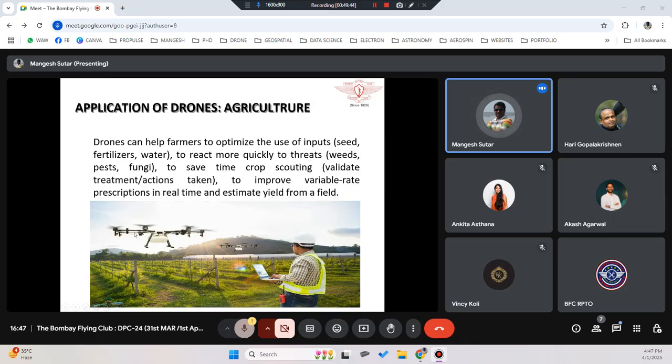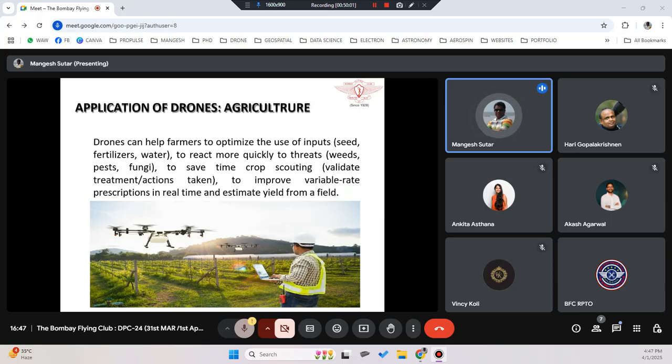That means you will have a better field. We have seen that farmers using drones get better yield compared to traditional farmers.